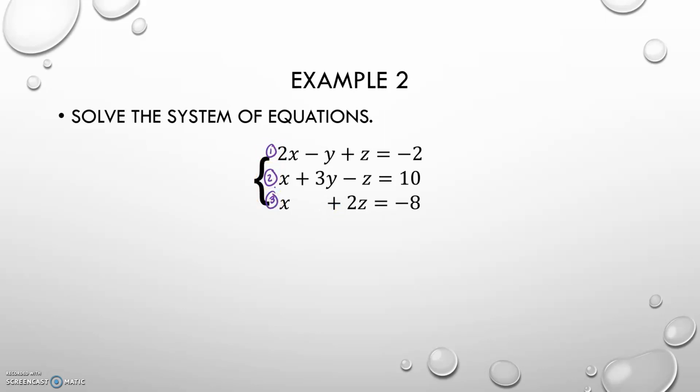I am going to combine 1 and 2 to eliminate y, because then I already have an equation that doesn't have a y. So in order for the y to eliminate, I would have to multiply the top equation by 3. And this would give me, then for my new number 1 equation, I would get 6x minus 3y plus 3z equals -6.